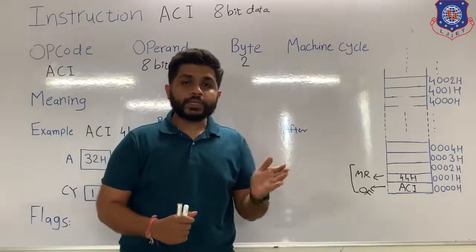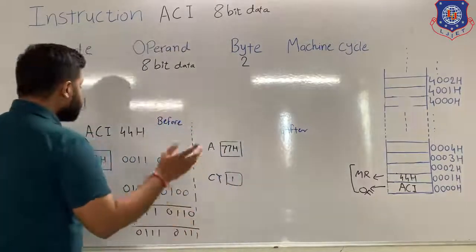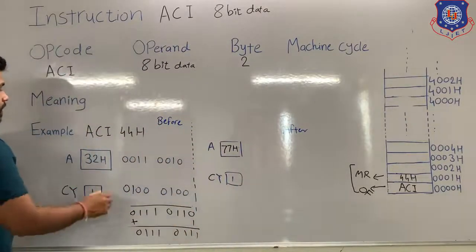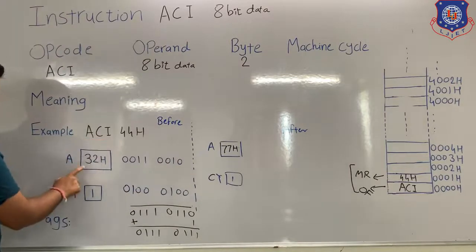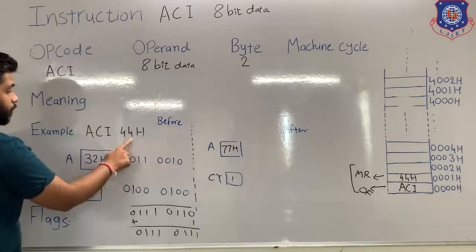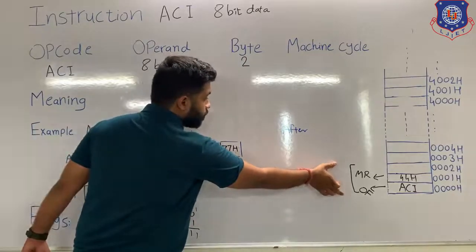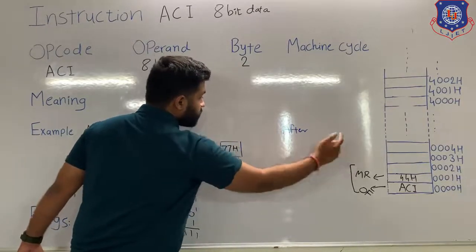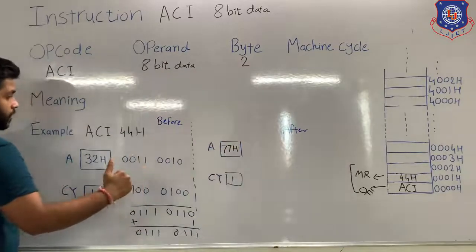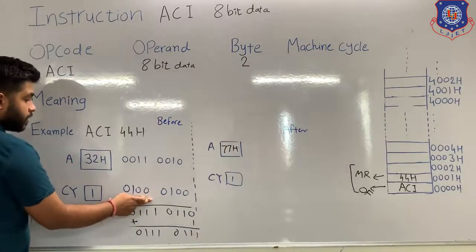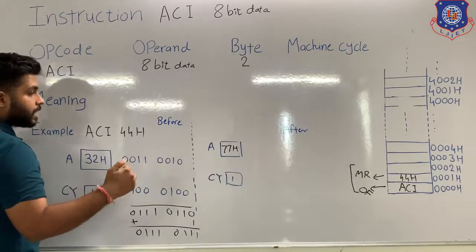Now let's pay attention to the execution process. In the execution, the addition is being done between the accumulator and 44H. If you remember, during the instruction fetch process, this 44H is already transferred. So 44H is already present when the execution is happening.